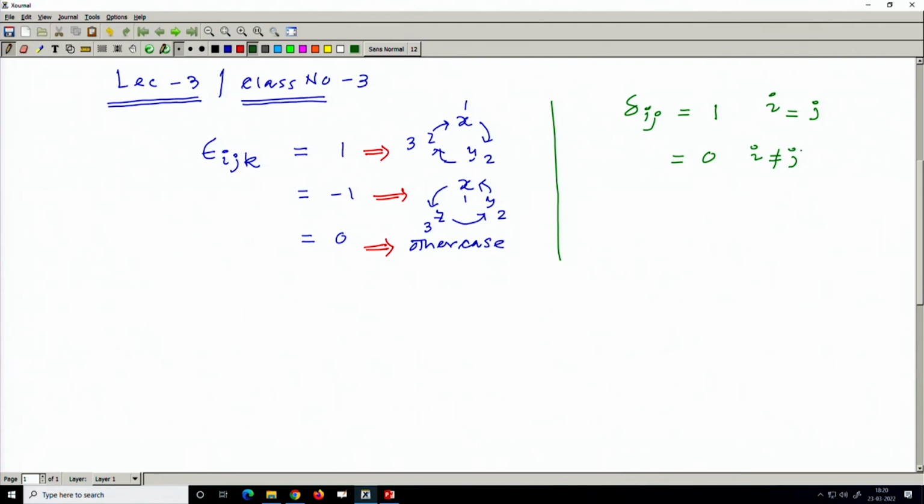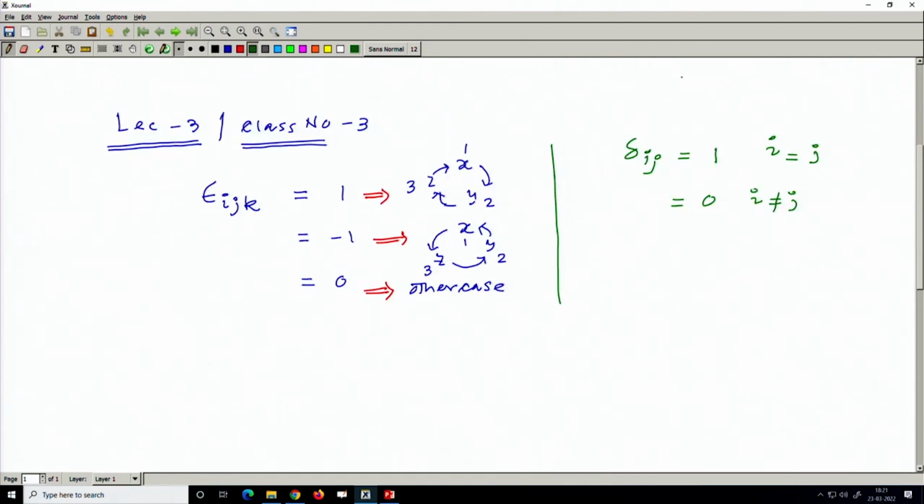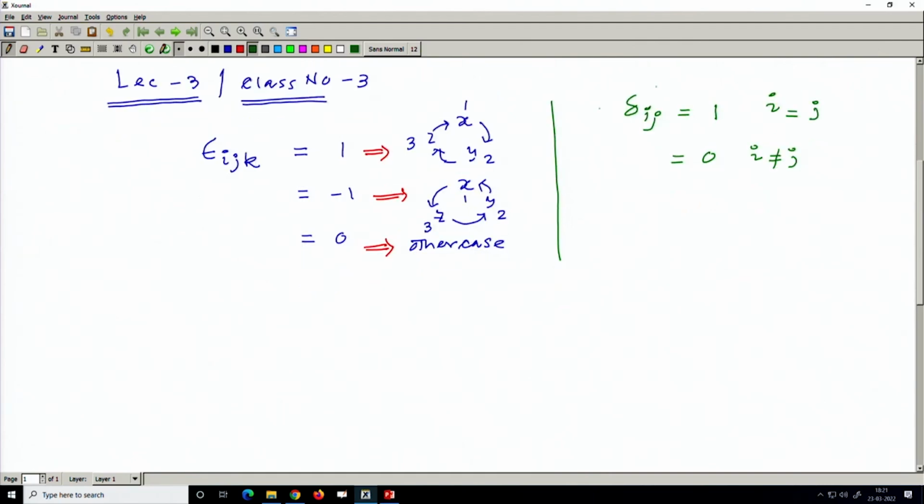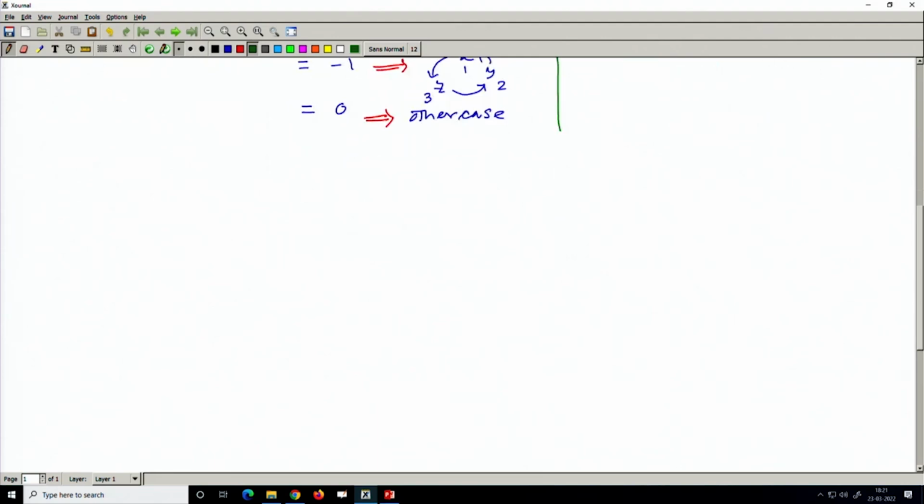So these were the two symbols that we defined in this way, and then we did something. Today we are going to use these symbols in order to understand a few vector properties.